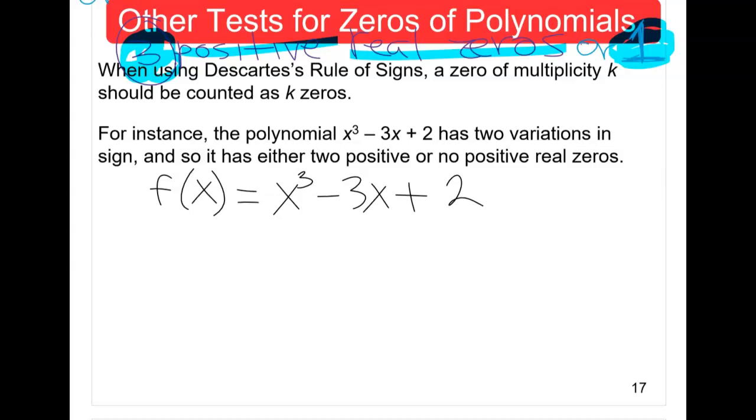And so you could see how we start here with a positive. So from positive to negative, that's 1. And then from negative to positive, that's another 1. So we have 2 sign variations.